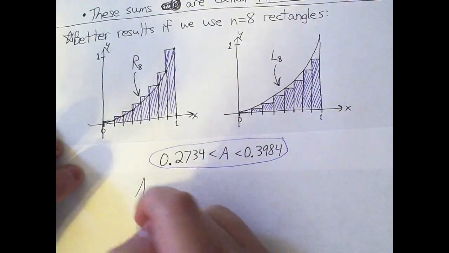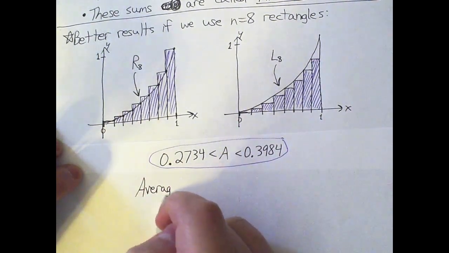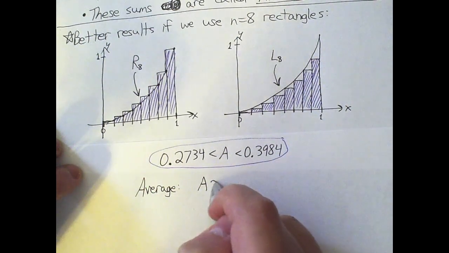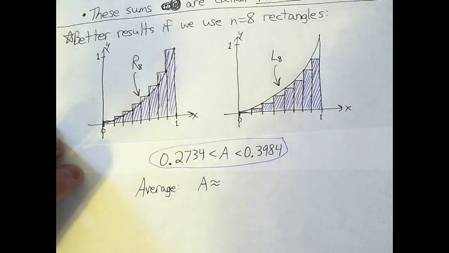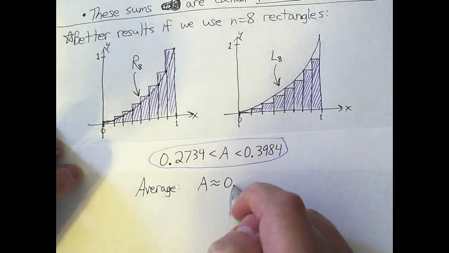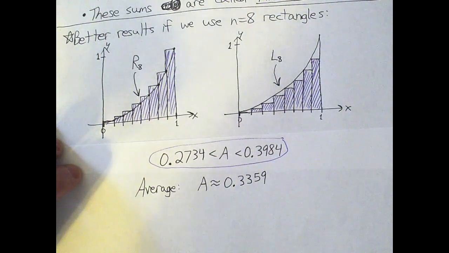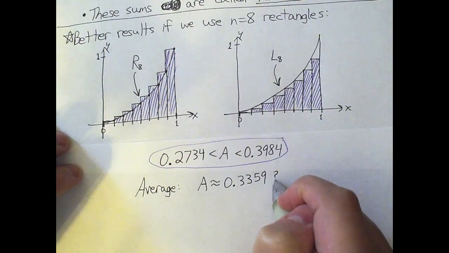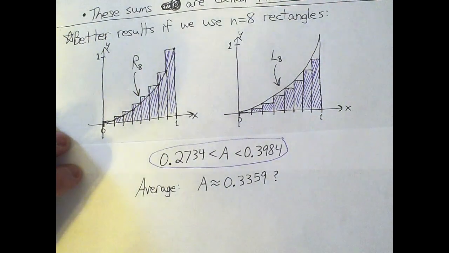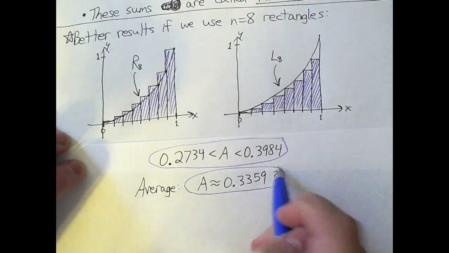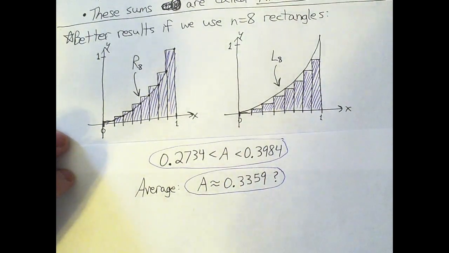And if you take the average of these, if you say maybe the area is approximately equal to the average of these, it is 0.3359. And I claim that this, well, I'll put a question mark because I did that with the other ones, but I claim that this is the best estimate that we've gotten so far today for the true area under that curve for that interval.